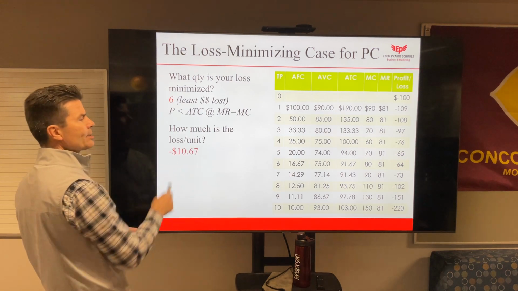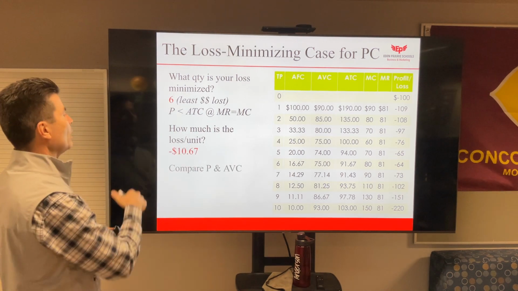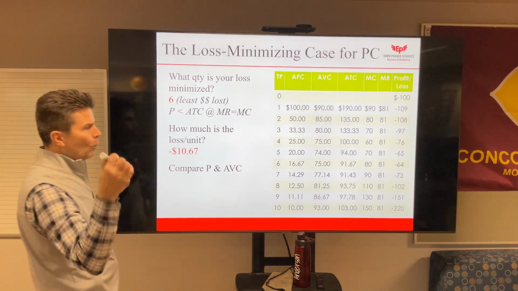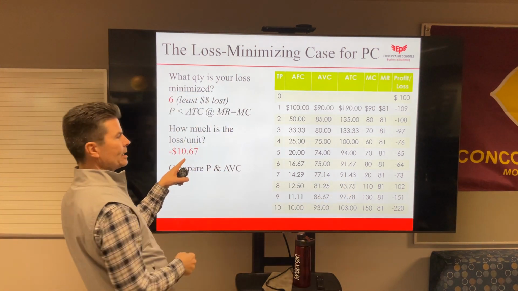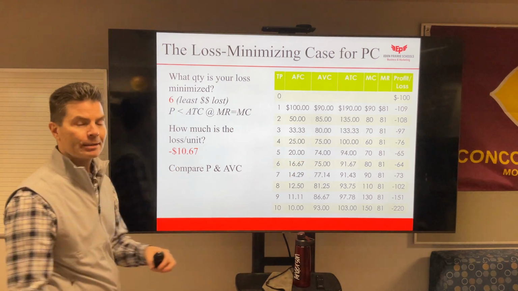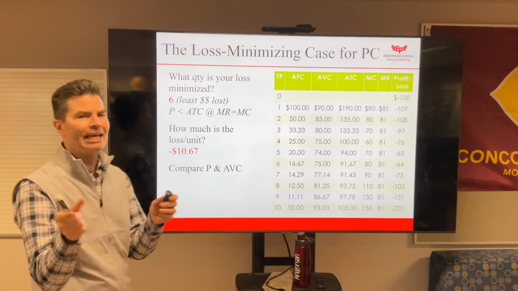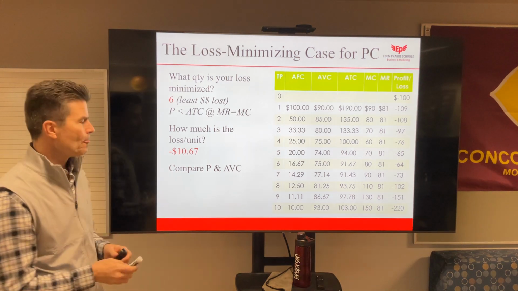So my loss is $10.67 per unit. And what's the overall loss? The overall loss is $10.67 times 6, which is $64. The wonders of math.